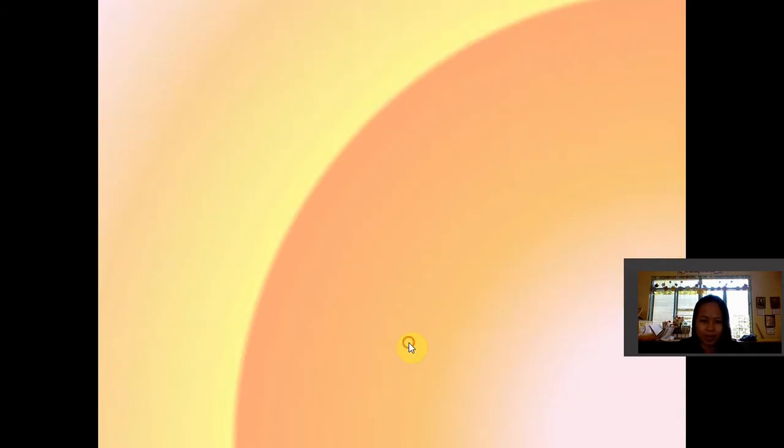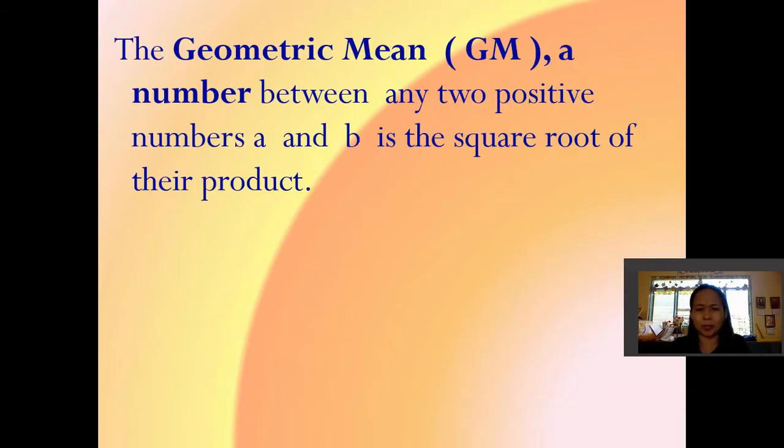geometric means. Okay, so the geometric mean, represented by GM, of a number between any two positive numbers a and b is the square root of their product. So this is how to determine the geometric mean of any two non-consecutive terms of a geometric sequence. That is simply the square root of their product.